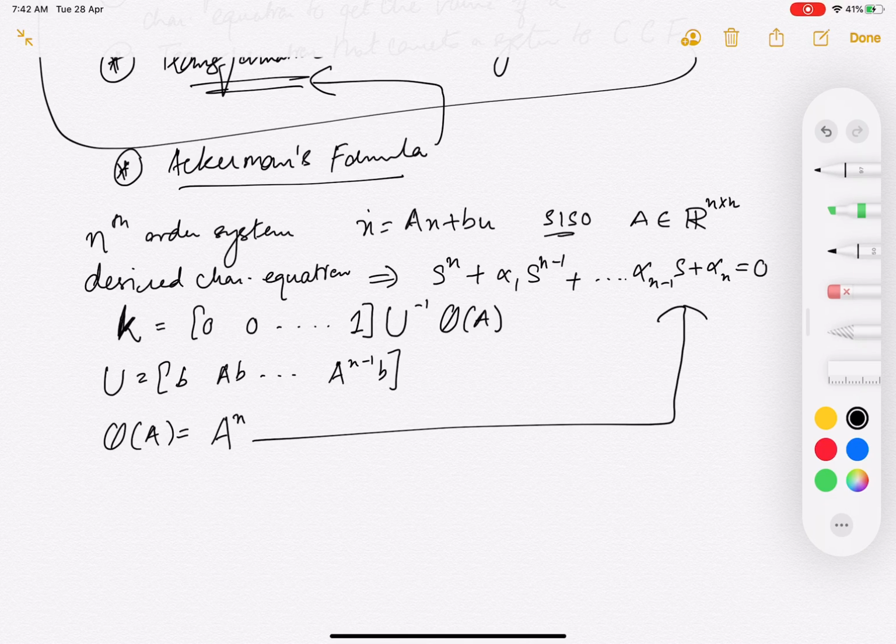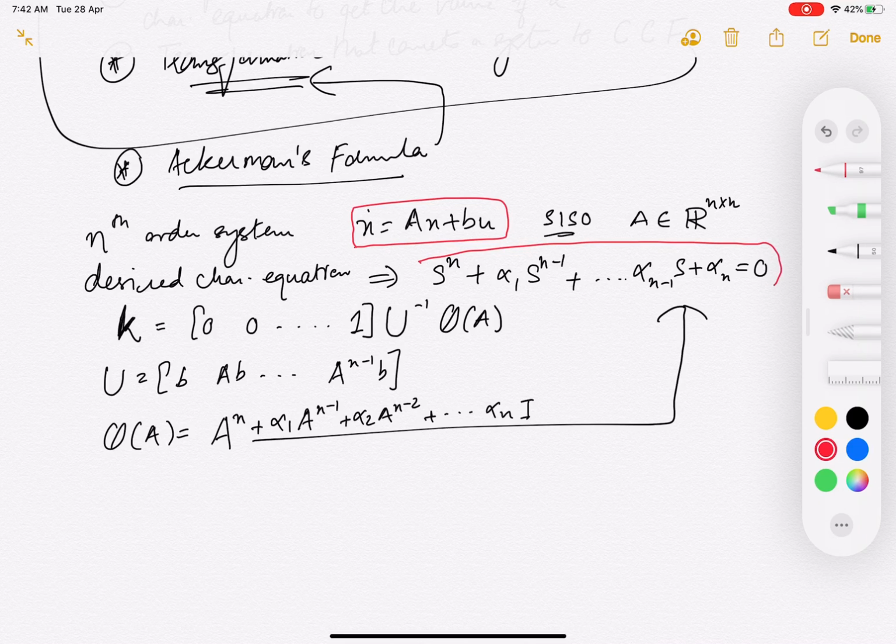So you get A to the power n plus alpha 1 A to the power n minus 1 plus alpha 2 A to the power n minus 2 plus so on up to alpha n I. So what it actually means is that if you have an nth order system given by x dot is equal to Ax plus Bu, it is SISO, and you have a desired characteristic equation given like this, then your K matrix would be this, right?